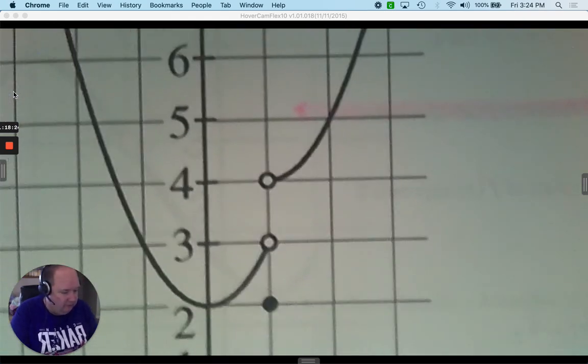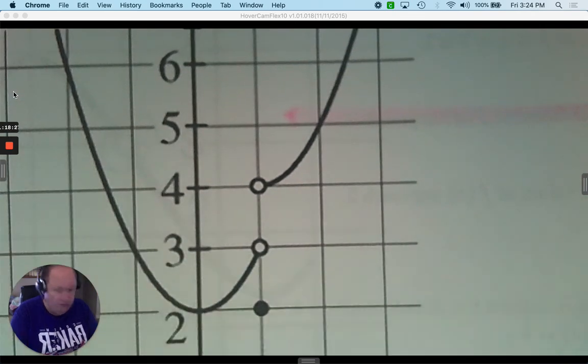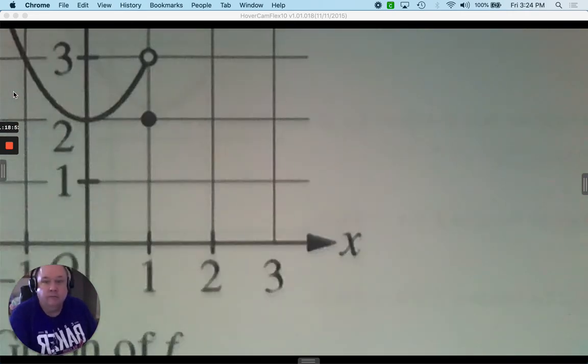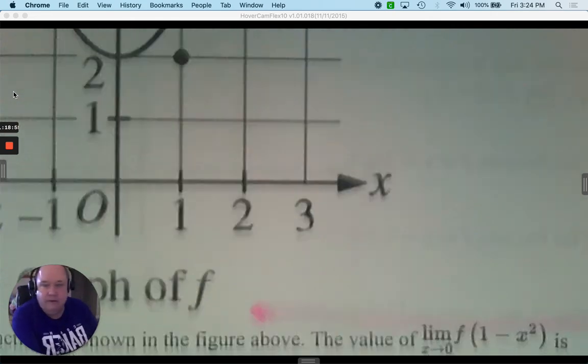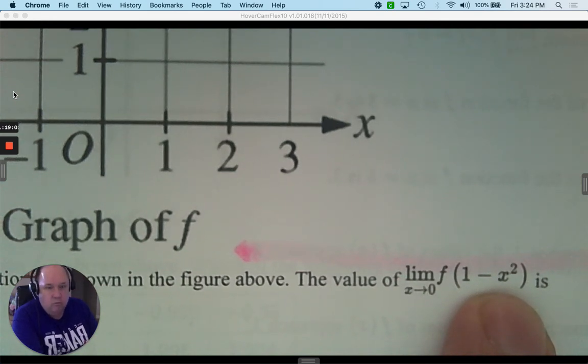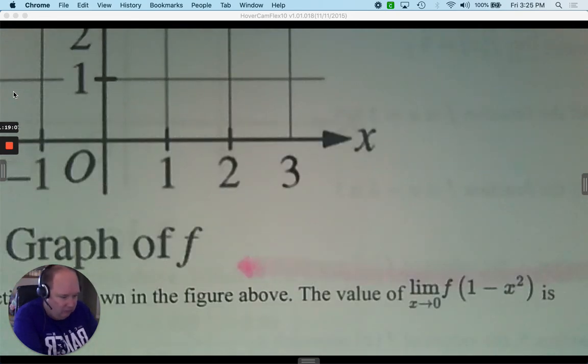So x approaches 0, this right here. So as x approaches 0, I get the answer as it approaches 1.